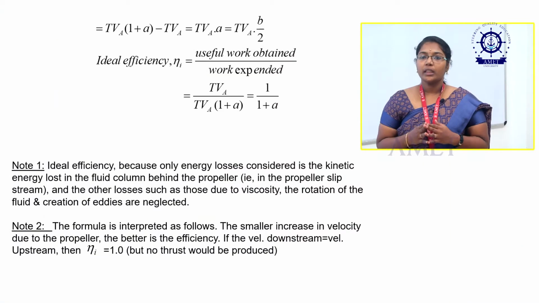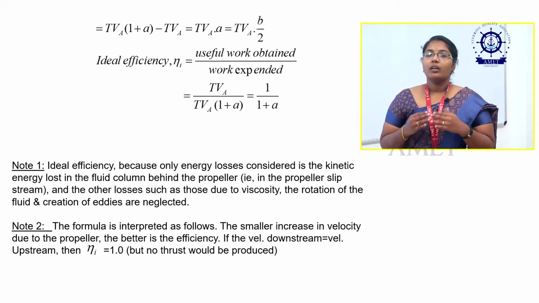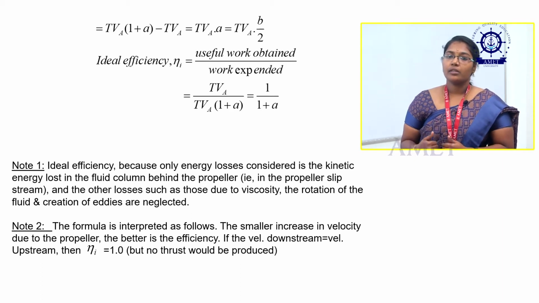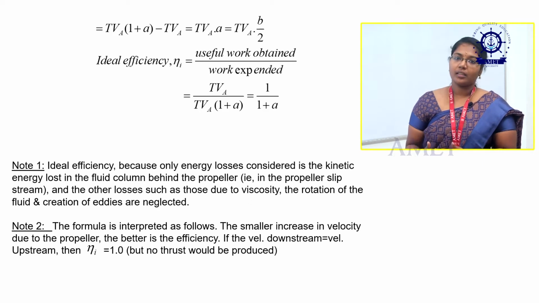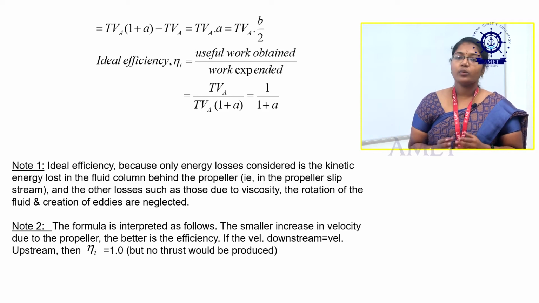I am not going into the detailed derivation of this theory; I am going directly to the result. What we arrive at in this theory is an ideal efficiency equal to 1, and as you know, an ideal efficiency of 1 is not possible.